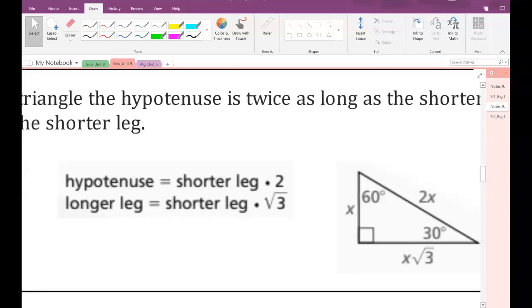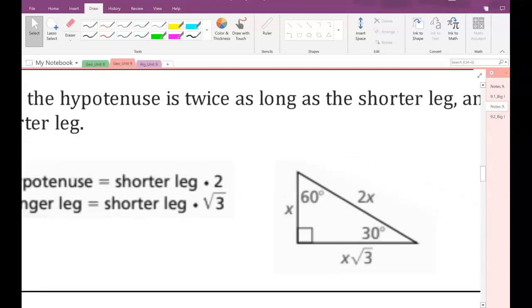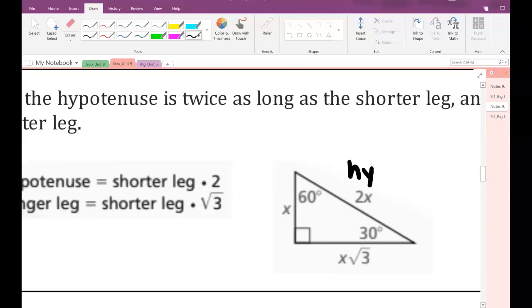Our hypotenuse, which would be our 2x value here, is equal to the shorter leg times 2. I know that this has to be the shorter leg because the shortest leg is always going to be across from the smallest angle, the opposite angle. So 30 is our smallest angle measurement.